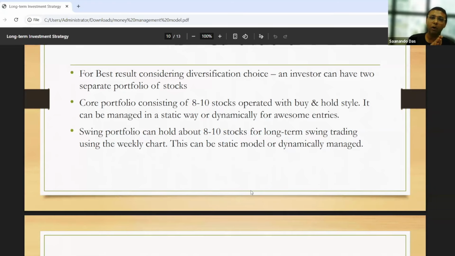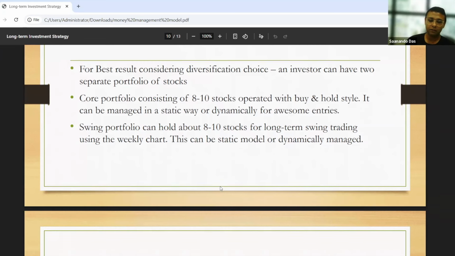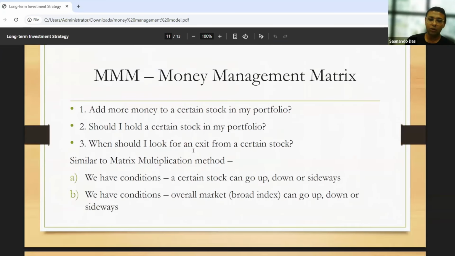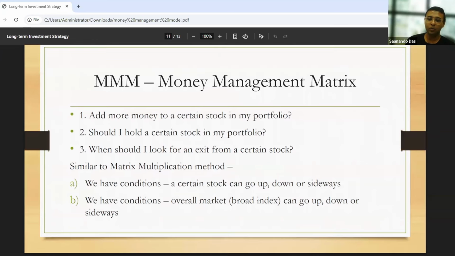We'll discuss more about the passive way to do it when we discuss the money management matrix. What the money management matrix will clarify is: should we add more money to a certain stock in my portfolio? Means you have a stock already. As I said, money management is not a stock selection method.